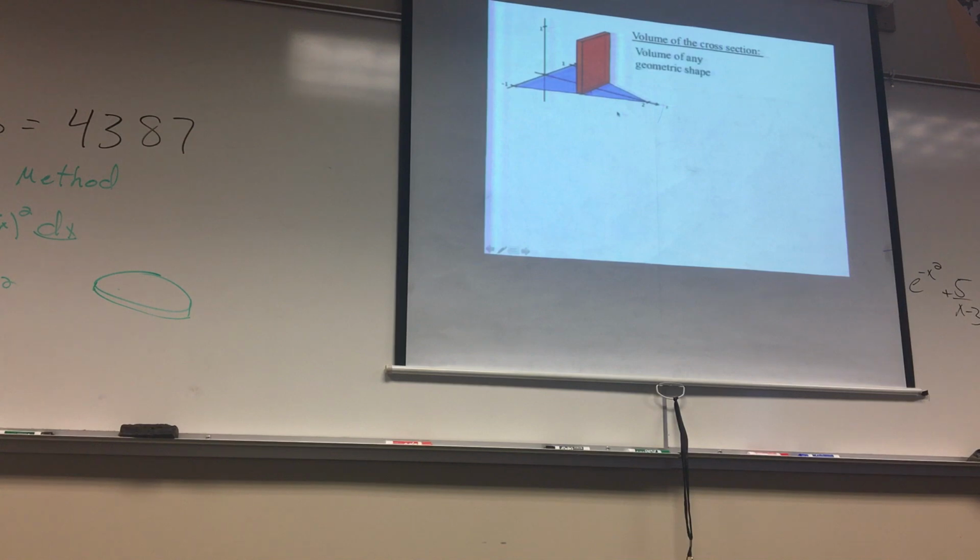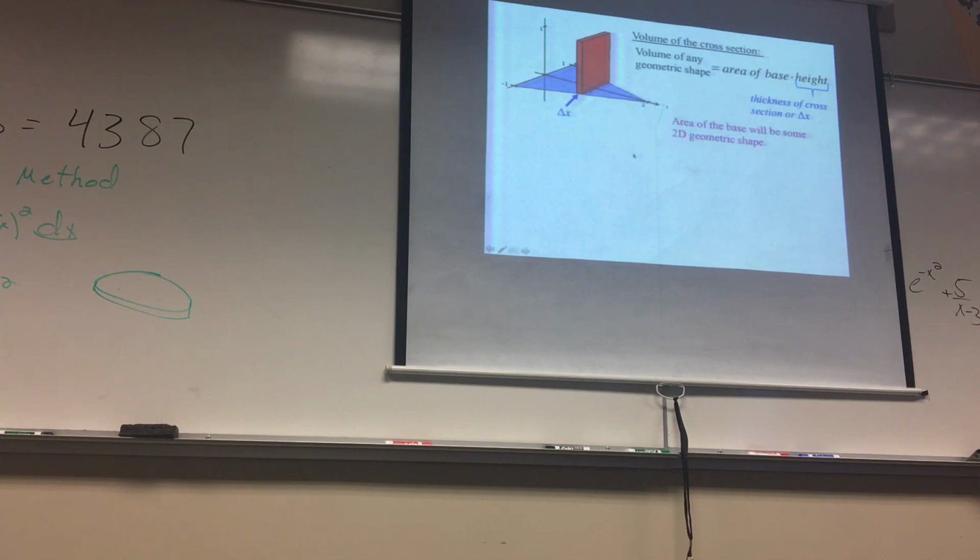We want the volume of any geometric shape, which we know is the area of the base times the height. Now the height, in this case, is represented by our change in x, or the thickness of a cross section. Since we're cutting it into an infinite number of cross sections, this change in x is going to be irrelevant eventually.